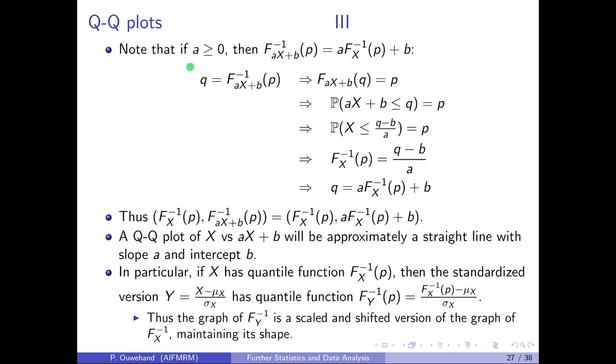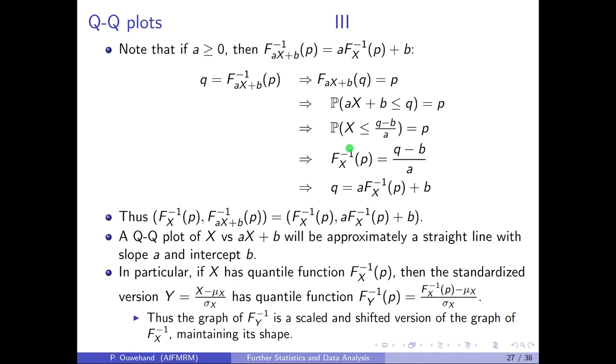To see why this is true, suppose that q is equal to the quantile function of ax + b at the point p. Well, that means that the CDF of ax + b at the point q is equal to p. By definition of CDF, the CDF is just the probability that ax + b is less than or equal to q. So all of that is equal to p. Now we're assuming here that a is greater than or equal to 0, so if we subtract b and divide through by a, we get that the probability that x is less than or equal to (q - b)/a is equal to p.